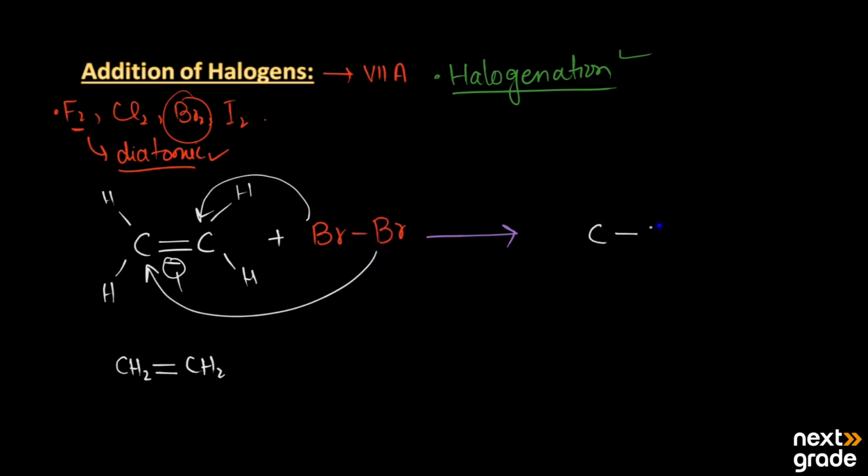So we have a single bond, with two hydrogens on this carbon and two hydrogens on this carbon. Now there is addition of bromine on each carbon.